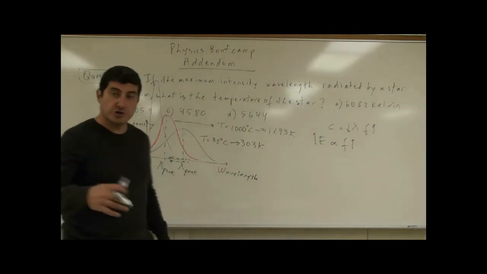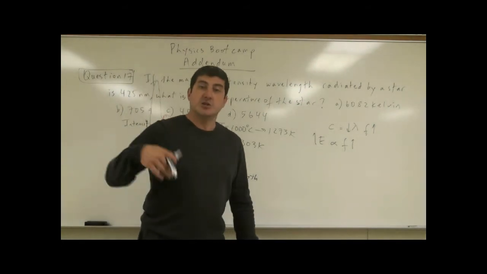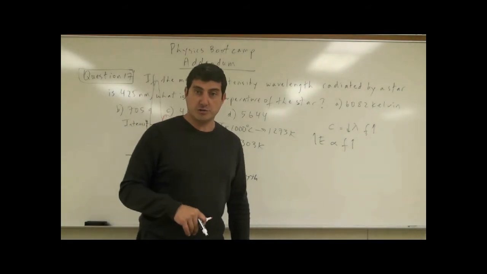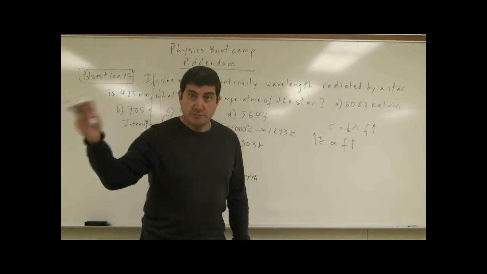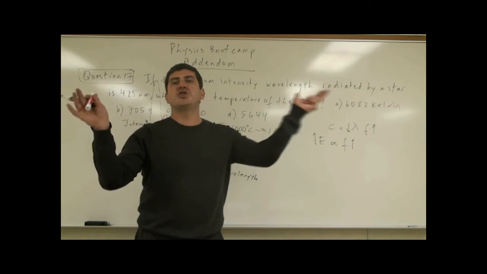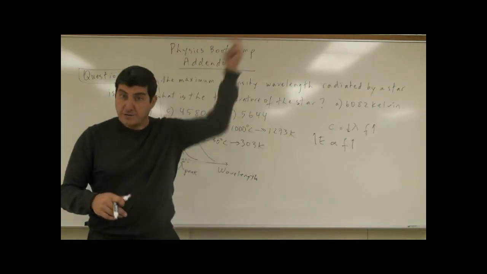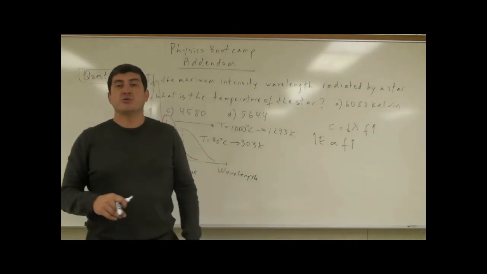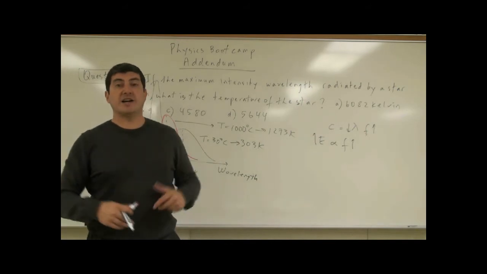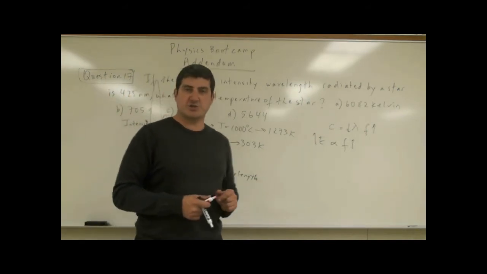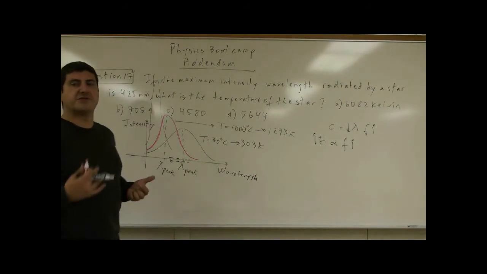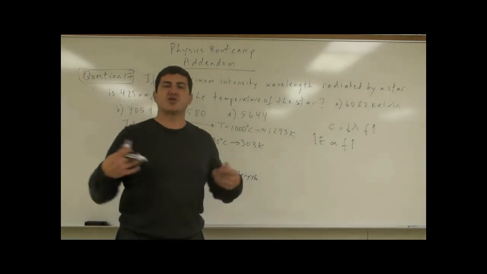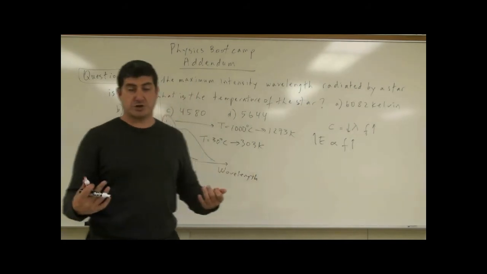Then it should eventually look green, then yellow, green, blue, indigo, violet, through the ROYGBIV, right? And after a while, if you get it hot enough, it could actually radiate in the ultraviolet with a high intensity radiation. And this is very useful for our understanding of the spectral types of stars and their temperature.